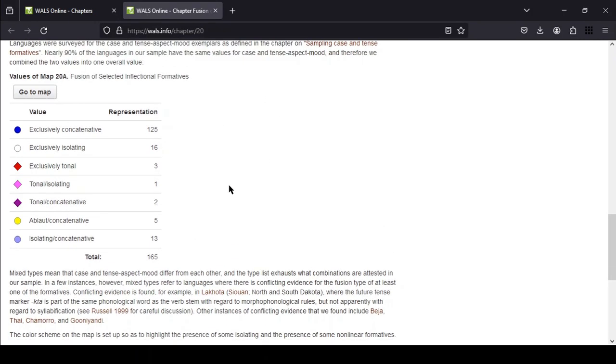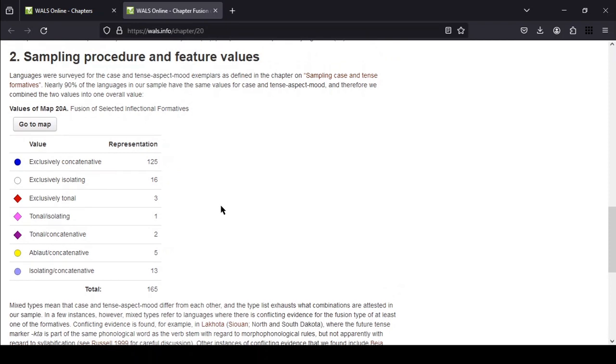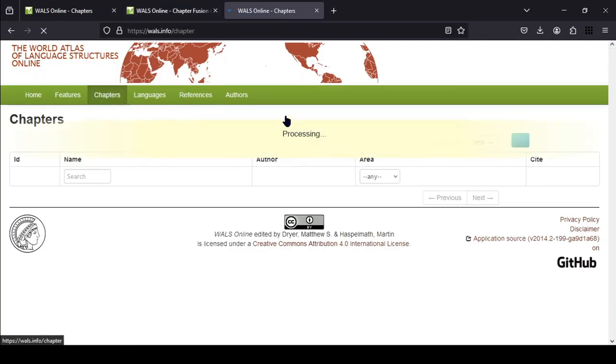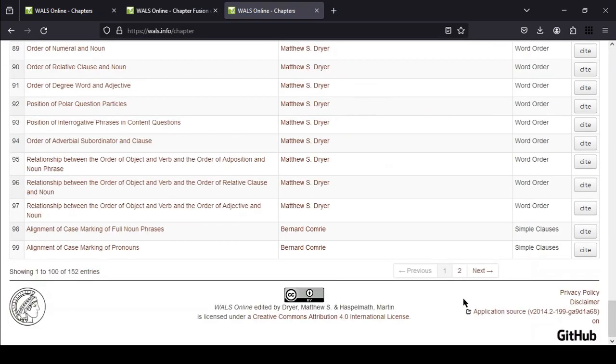So now, it's time for the map. Sampling procedure and feature values. Languages were surveyed for the case and tense aspect mood exemplars as defined in the chapter on sampling, case, and transformatives. And where is this chapter? Oh, I didn't know there was a supplement. Where's the supplement? Is it at the end?